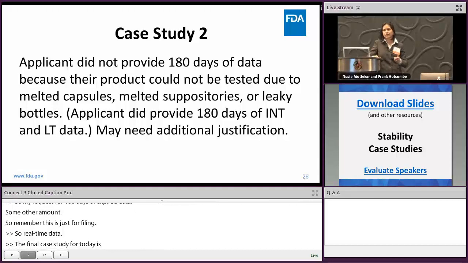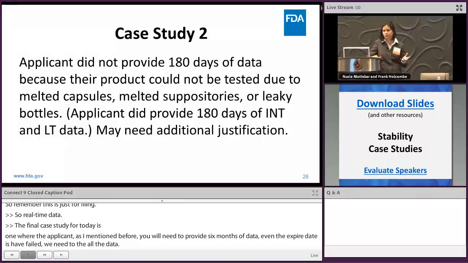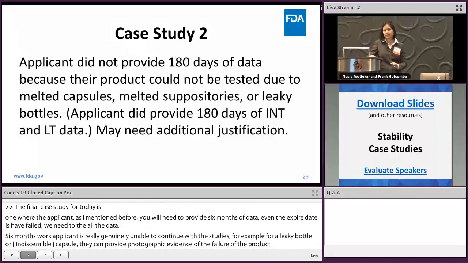If the applicant is genuinely unable to continue with the studies, for example, for a melted suppository, a leaky bottle, or a melting capsule, they can provide photographic evidence of the failure of the product, along with a justification and explanation of why they could not continue with the studies and could not provide us with the 6 months' worth of data. And that again has been found to be acceptable in the past.